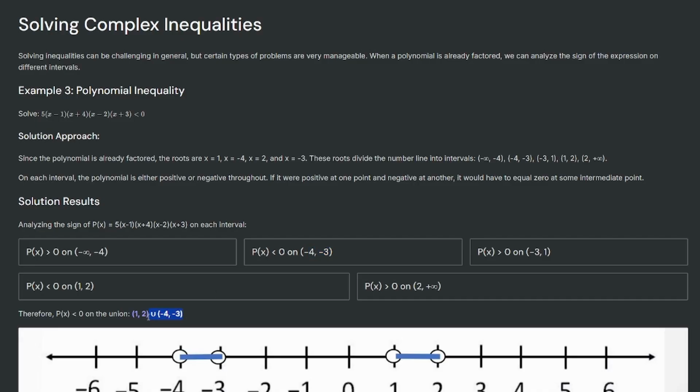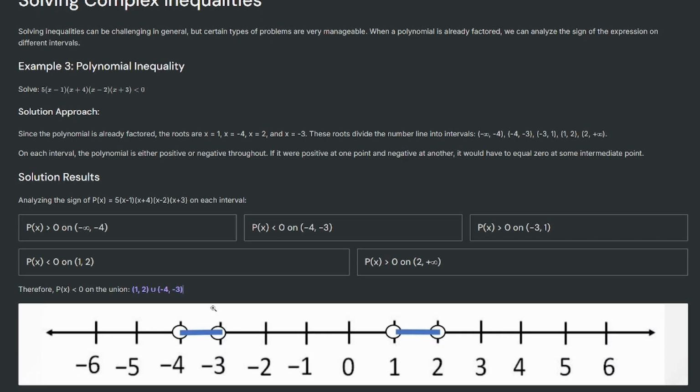So basically this is our required answer, and on the number line we can represent it as 1 to 2, both open brackets, and minus 4 to minus 3, which is also an open interval. Okay, this is a very important question.